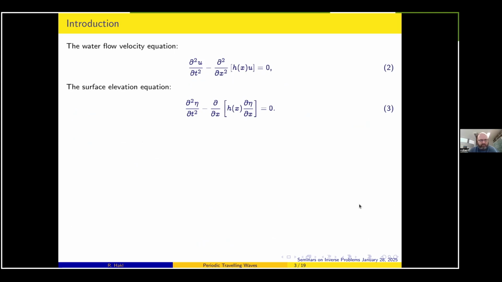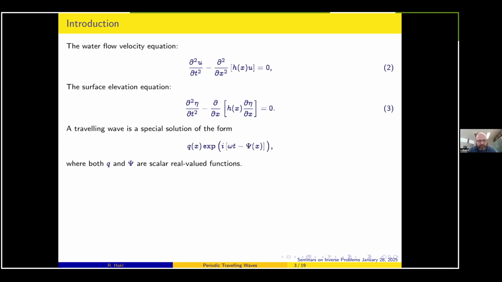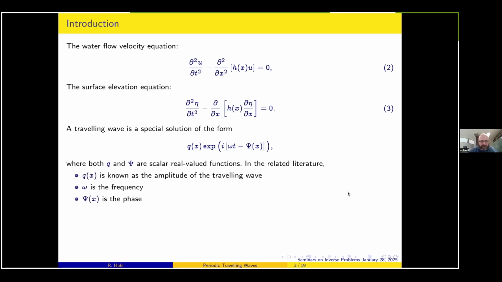So a traveling wave is a special solution of this form, where q is known as the amplitude of the wave, omega is the frequency, and psi is the phase.